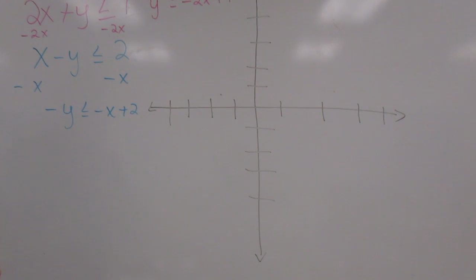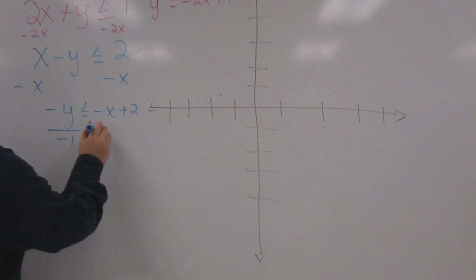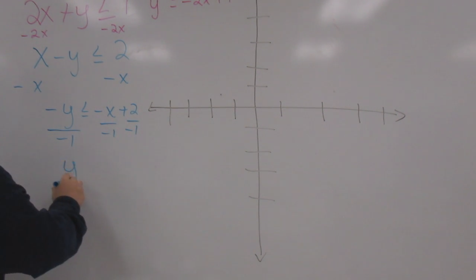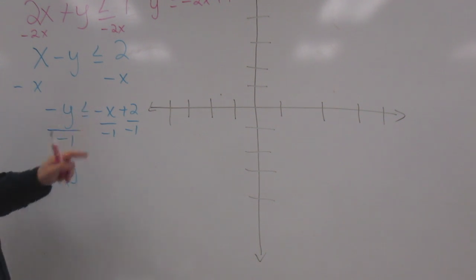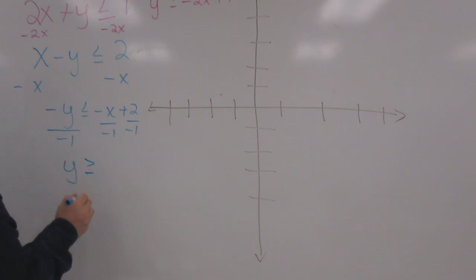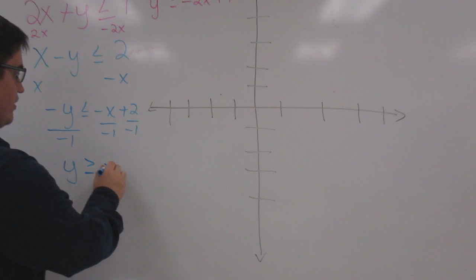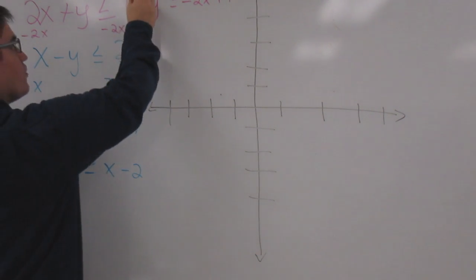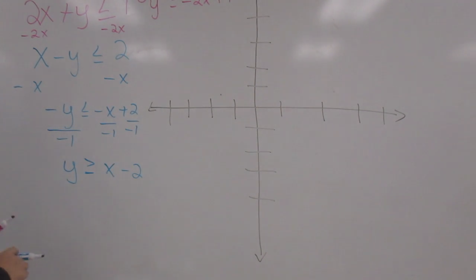Now I need to get rid of the negative sign, so I'll divide each term by negative 1. So I have y, and don't forget when you divide by a negative, your inequality sign flips. We have x minus 2. So here's my first equation. Here's my second.